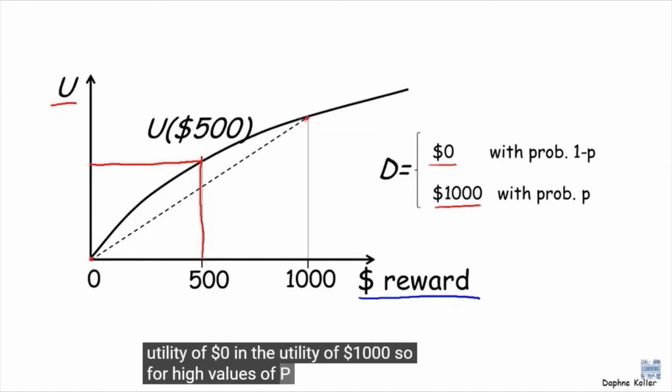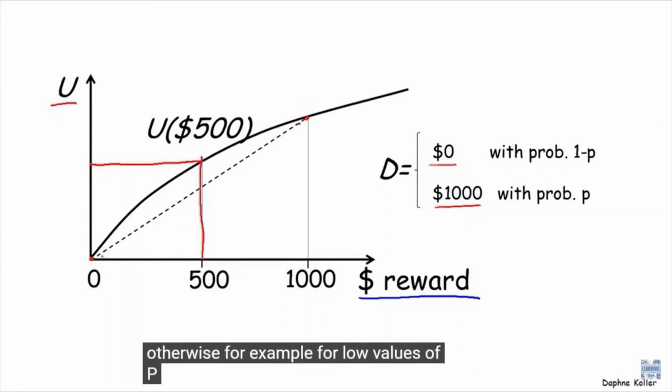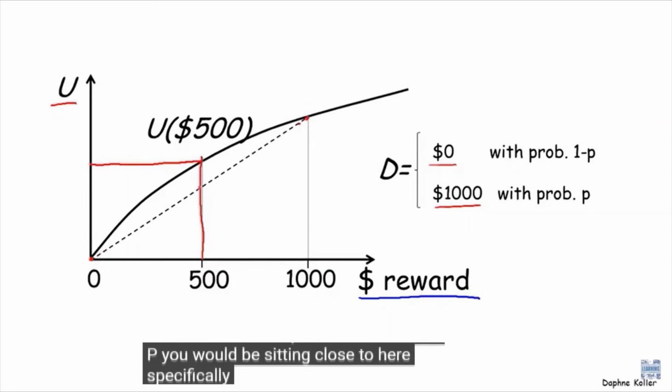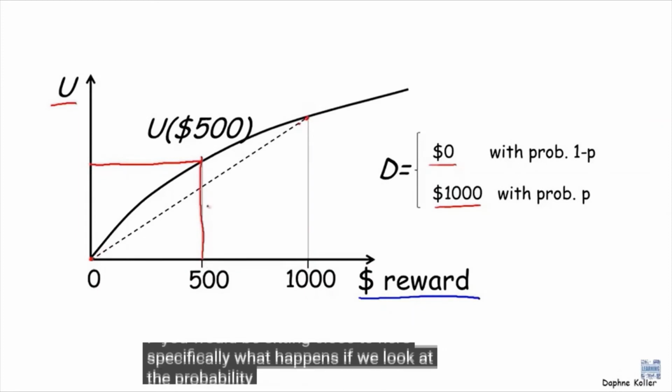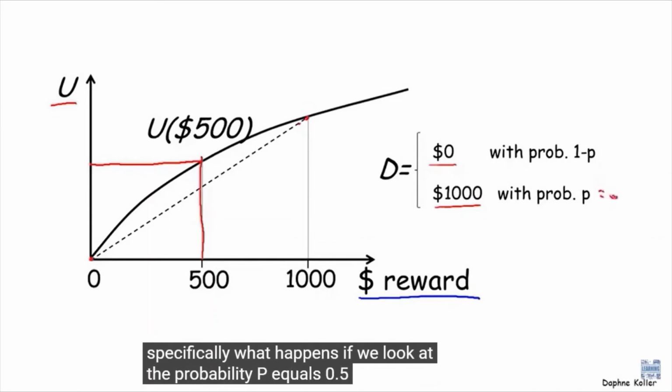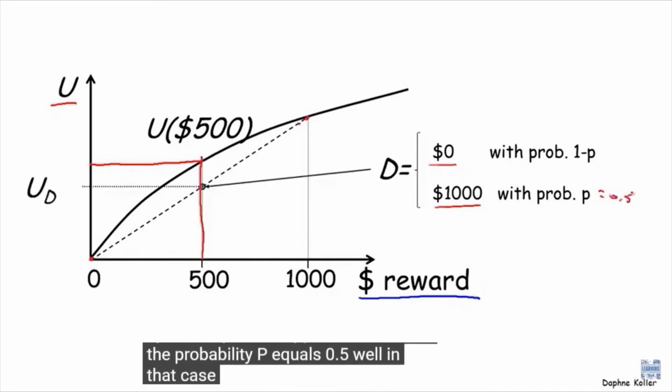For high values of p close to 1, we would be sitting on this side of the curve, and for low values of p, we would be sitting close to here. Specifically, what happens if we look at the probability p equals 0.5? Well, in that case, we would have this point on the curve over here.